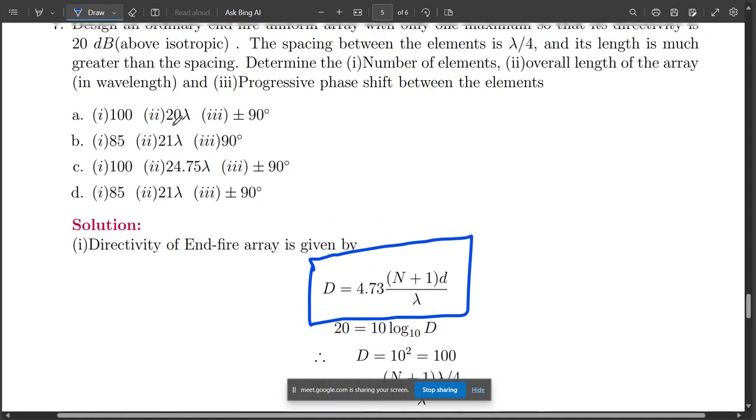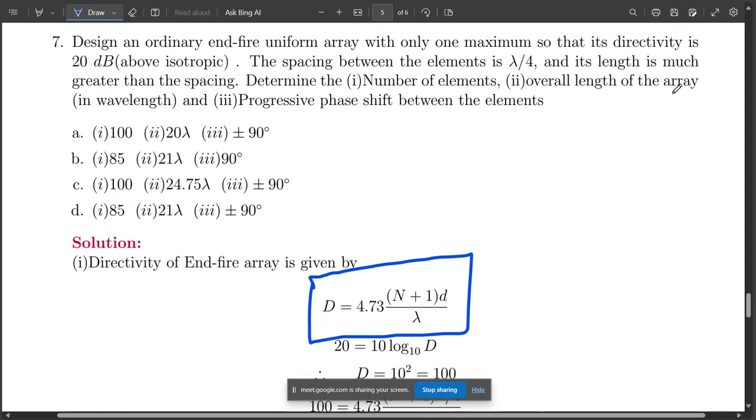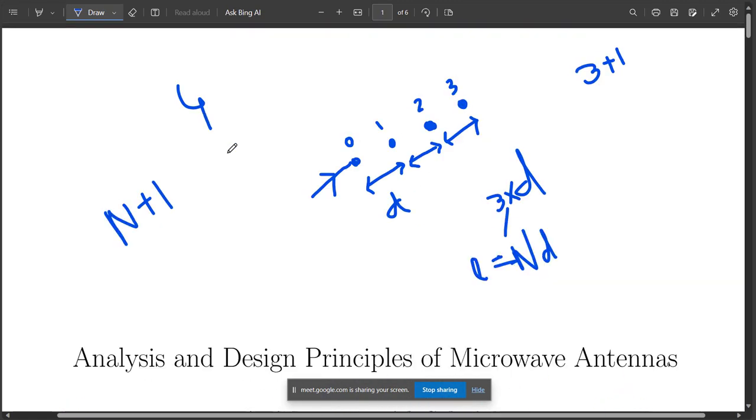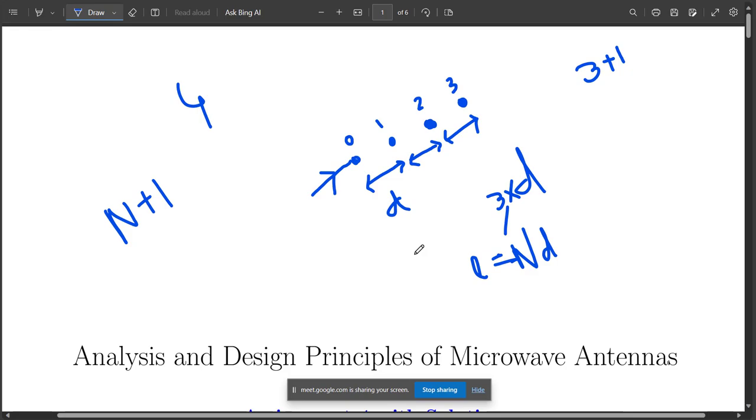Now you have to find out the overall length of the array. I have already told you here that once you find out the number of elements, how you will be able to find out how many spacings there are, and what will be the total length of the array, right?